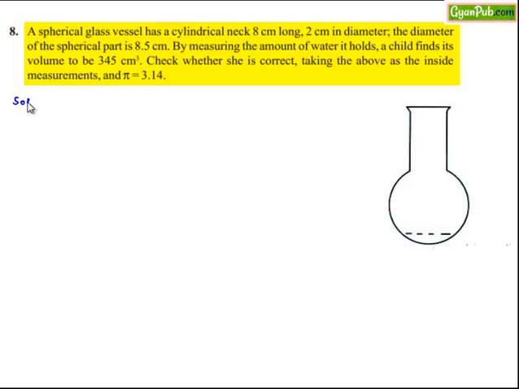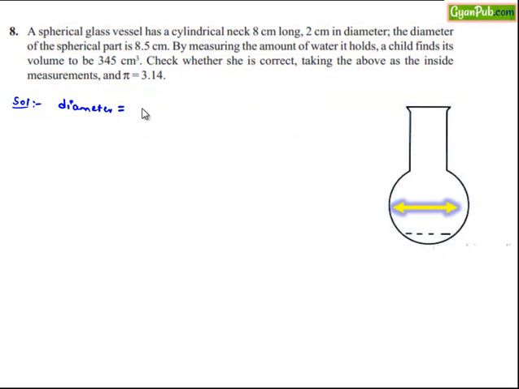Now coming to the solution. Here he has taken a spherical glass vessel with a cylindrical neck. For this, the diameter of the spherical glass vessel is given as 8.5 centimeters. Now the radius of sphere is given by 8.5 by 2, which is equal to 4.25 centimeters.